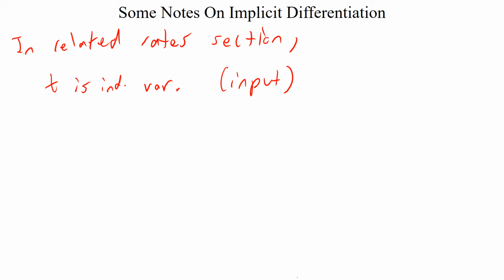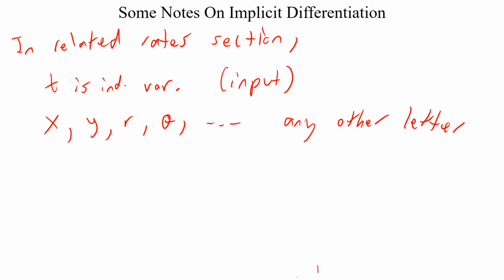So once again, part of the formula is going to be hidden from you. And instead of me writing the word stuff or something like that, I'm going to use a letter. Even x, so that might get a little confusing. So x, y, r, theta, any other letter is the hidden stuff. And that stuff involves t's. Hidden stuff involving t's.